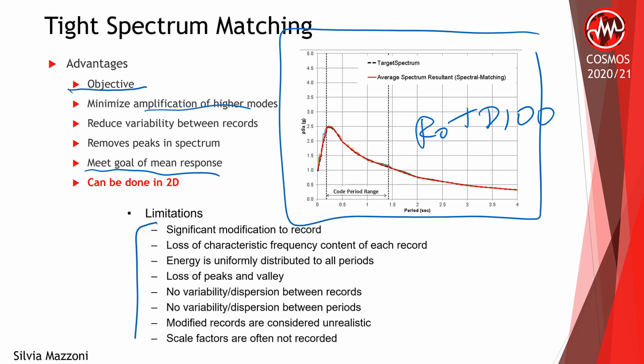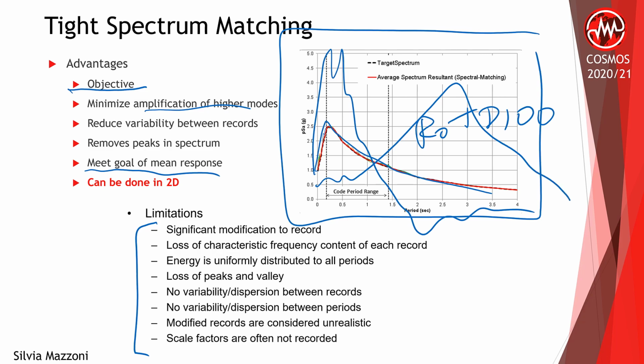What are the limitations? Well, you've got significant modification of your record, because maybe some of the records started off like this, and now you're doing a lot of modification to these records. You lose your peaks and valleys. The energy is uniform. You don't have, you know, this low and high records. You've got an average of those two.